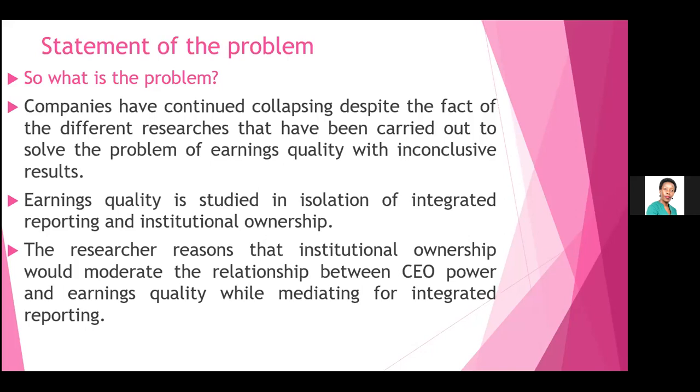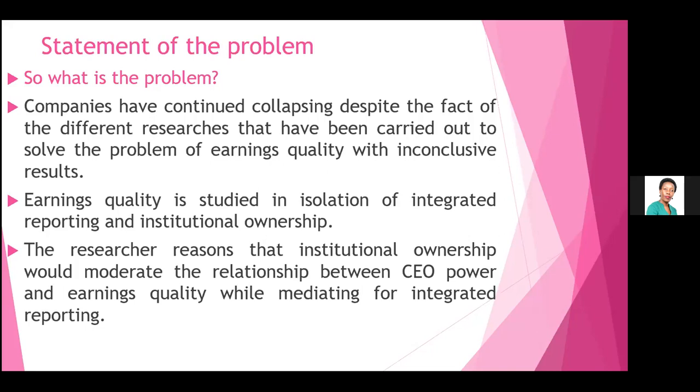So to improve your problem statement, I don't know whether you have it in your book, but make sure for the practical problem bits, you bring out issues out there that, because this is a problem statement, not a statement of opportunity. So bring out issues that reflect there is a problem in terms of earnings quality.